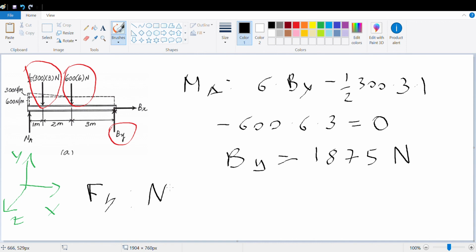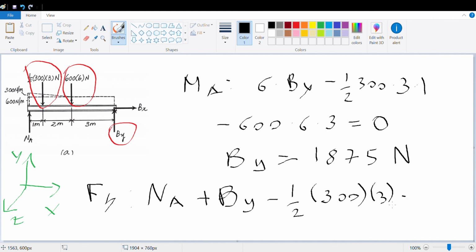There is Na, then there is By, that I already know how much it is, and then there are the two loads, so 1/2 300 times 3 minus 600 times 6, and this has to be equal to 0.